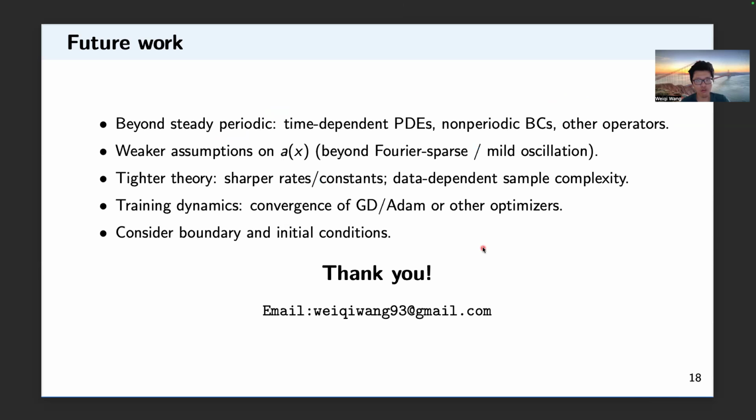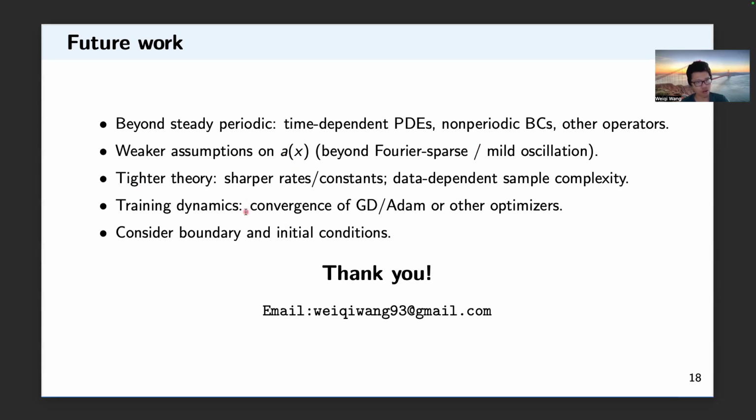Here are some future works. First, I would like to analyze time-dependent PDEs with complex boundary conditions or initial conditions. Also, if possible, the theorem itself is pretty messy now, and I don't know if we can weaken the assumptions on the parameters in the PDE or tighten the theory.